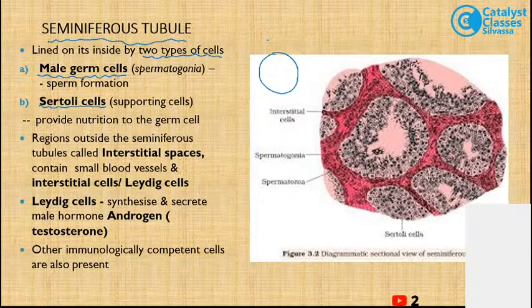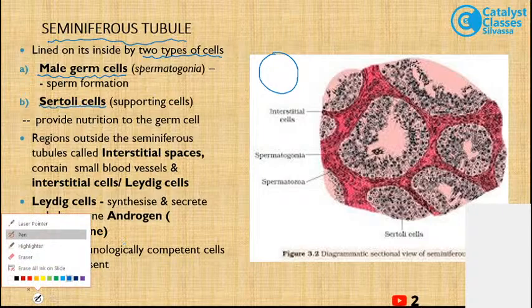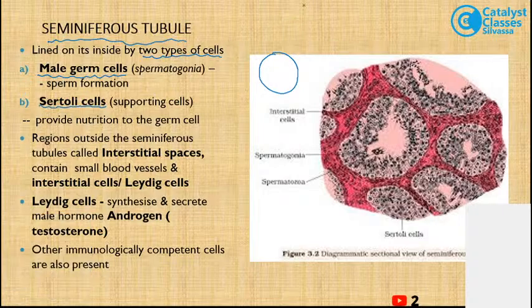Let us see what these are. Here you can see on the right side there is a diagram or figure showing the section of a seminiferous tubule, okay. But I am drawing another diagram for you here. If you take a section of a seminiferous tubule, you are going to observe that there are certain cells present which are attached to the wall, and this layer of cells are the male germ cells, or they can be called the spermatogonia cells.